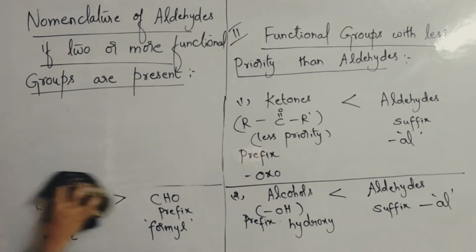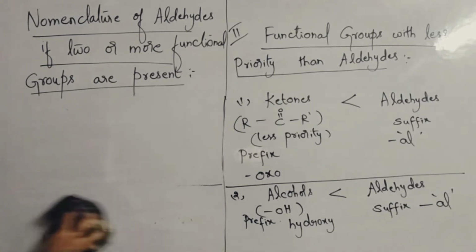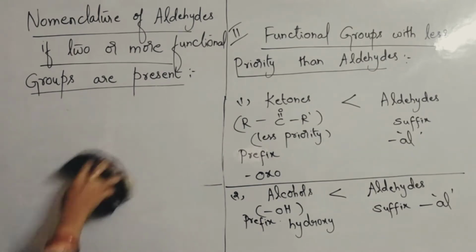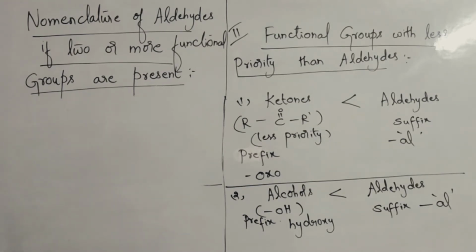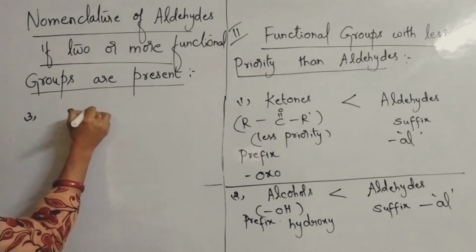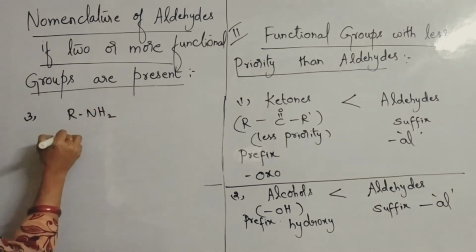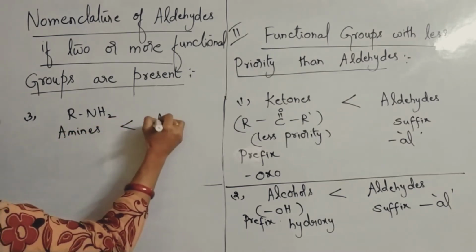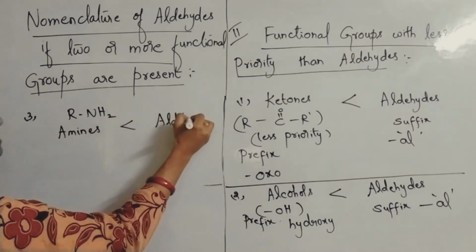Next, third one, which is having less priority than aldehydes. You all know amines. RNH2 means what? Amines. Amines are having less priority than aldehydes.